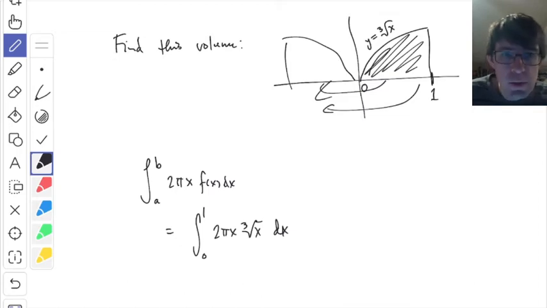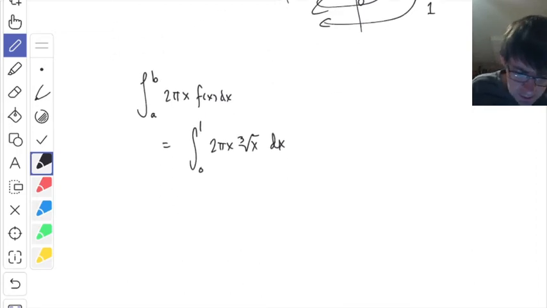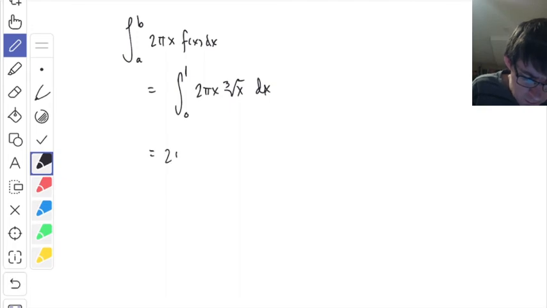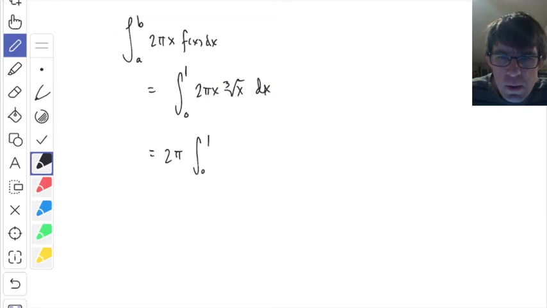And then we might as well do the integral. What's your strategy for doing the integral? The 2 pi can come out, as always. How do you handle x times cube root of x? You change the cube root of x to x to the 1/3. Yeah, so it's really x times x to the 1/3, and what does that simplify to?